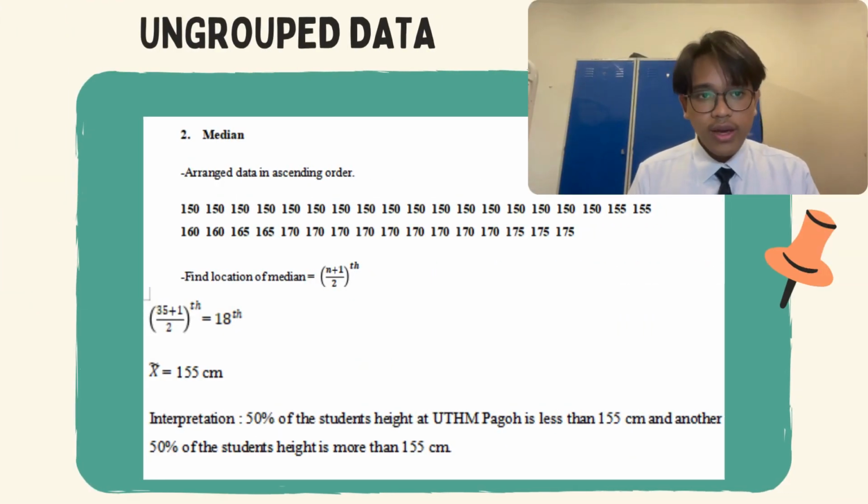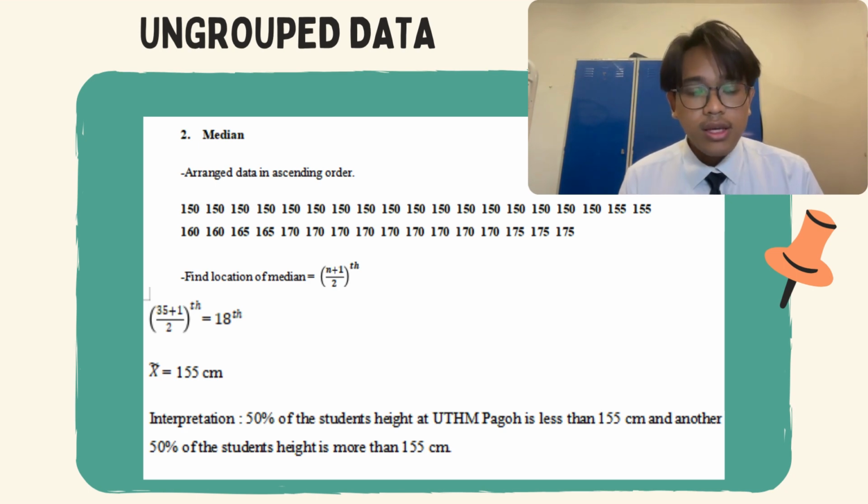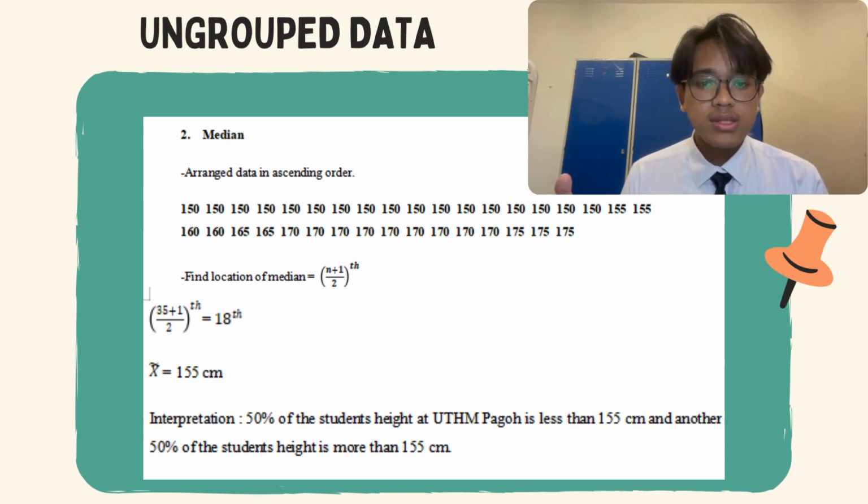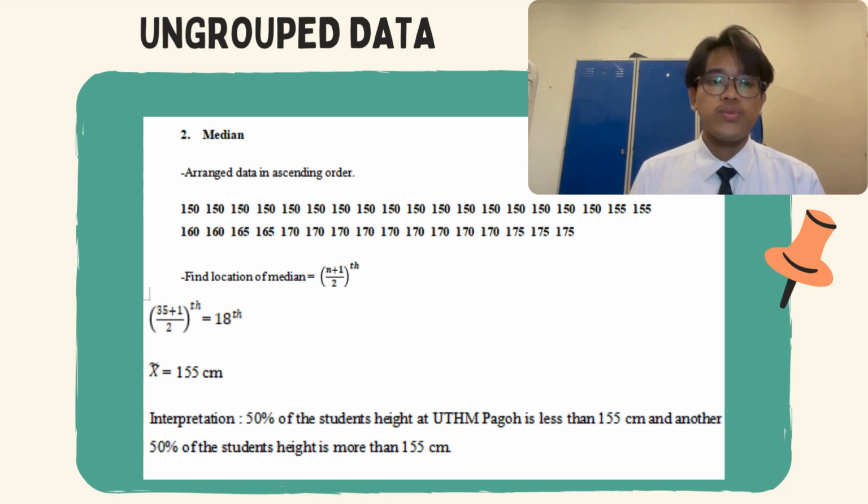Next, we'll find the median of the data. As I've said, to obtain the median, we have to arrange the data in increasing order. So there we go, we arrange the data in increasing order. To find the location of the median, the formula is (n plus 1) divided by 2.